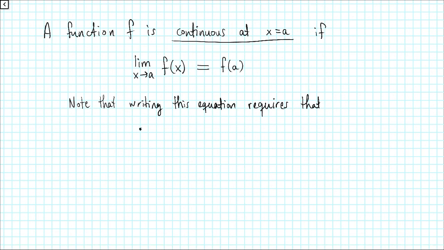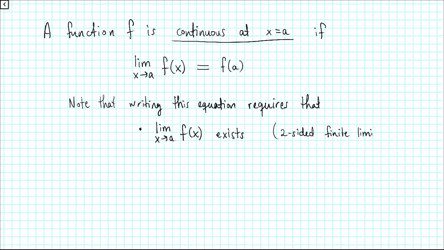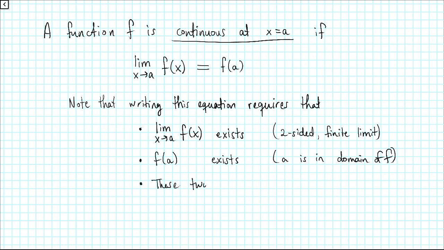So it requires that the limit as x approaches a of f of x exists as a two-sided finite limit, finite meaning not infinite, and f of a exists, which is to say a is in the domain of f, and the two numbers are equal. Writing that equation does not make any sense unless the left-hand side exists as a finite number, the right-hand side exists as a finite number, and those two numbers are equal to each other.